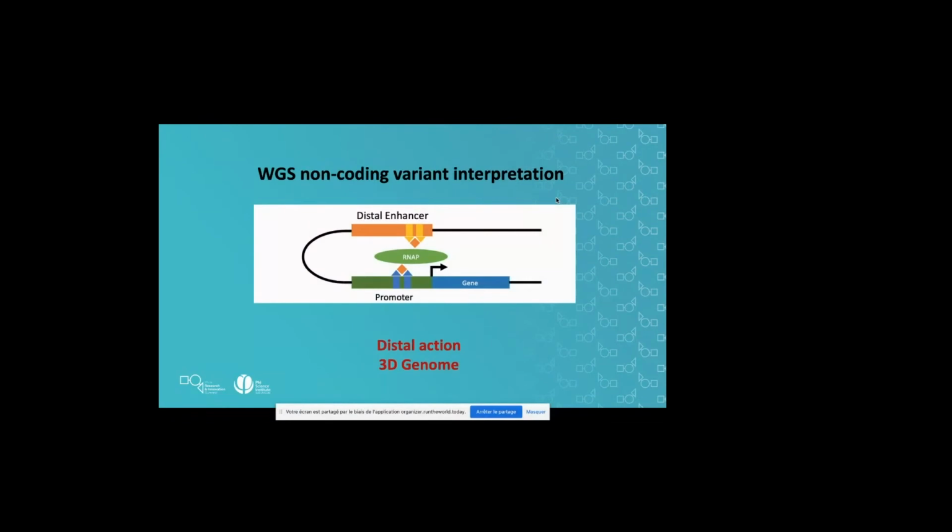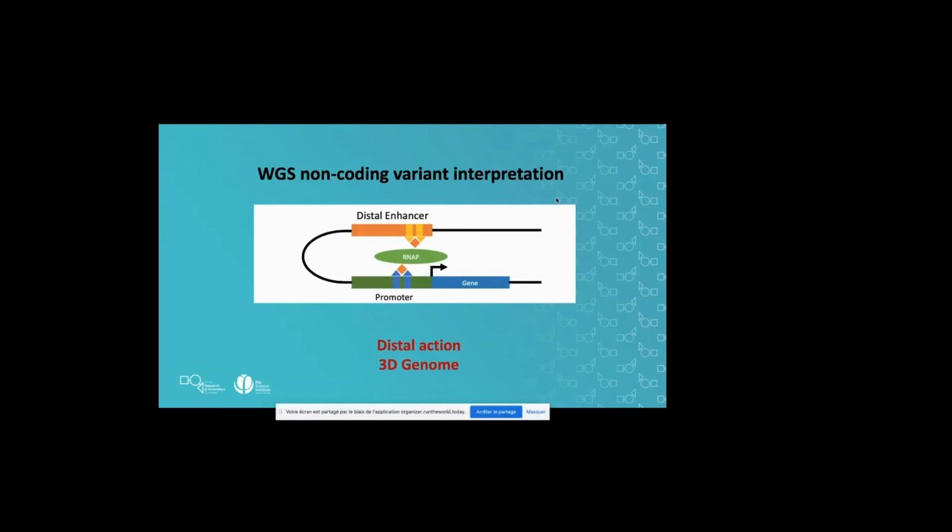Because this represents the primary challenge of whole genome sequencing and non-coding variant interpretation. This limitation can explain why, so far, we have identified only 450 strongly pathogenic human regulatory variants in the non-coding regions. However, we know more than 2,100, I think, variants in the coding regions. One of the plausible explanations is the difficulty of confirming their pathogenic effect.